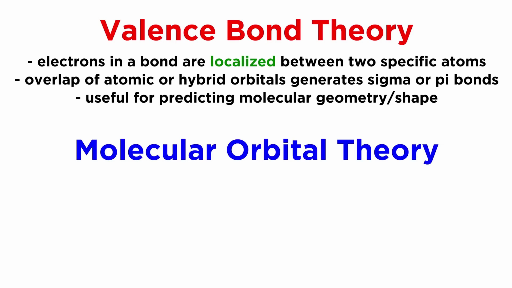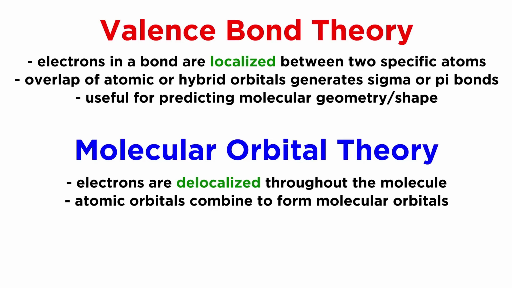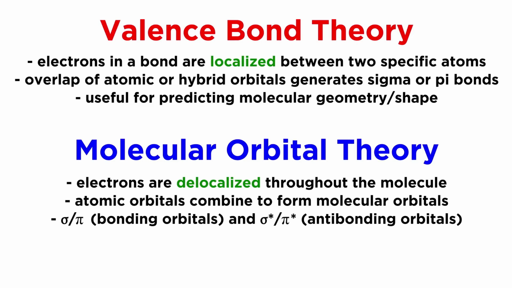To explain this, we have to turn to molecular orbital theory, which differs from valence bond theory in that electrons are considered delocalized throughout the molecule, and atomic orbitals combine to form molecular orbitals, which are also delocalized throughout the molecule. These can be sigma and pi bonding orbitals, or sigma star and pi star anti-bonding orbitals.